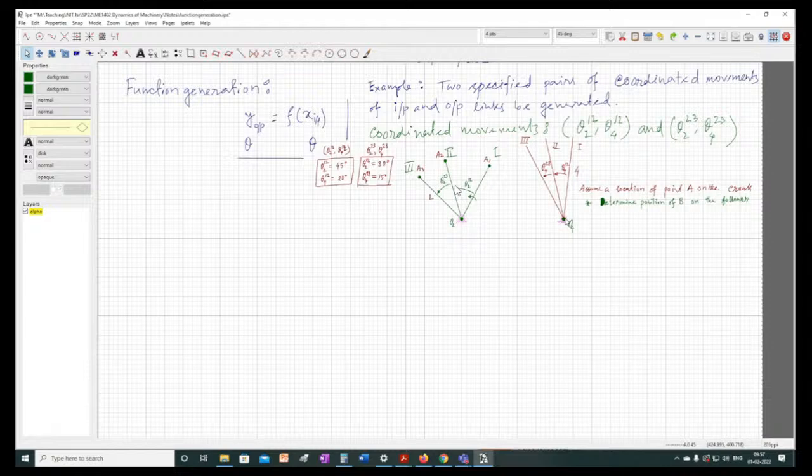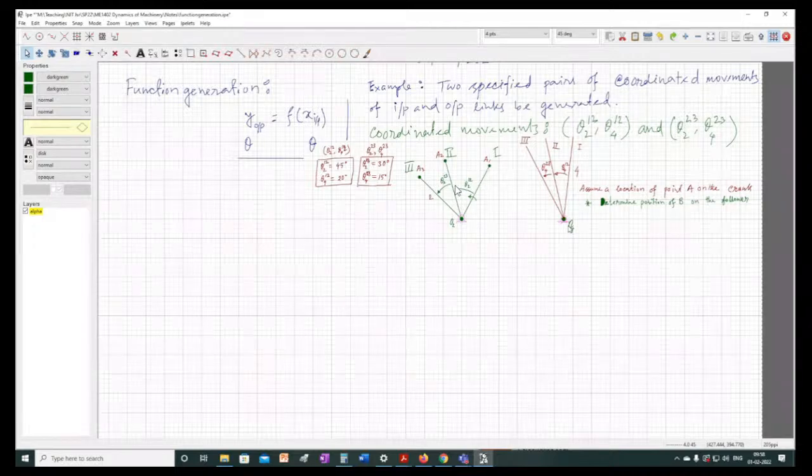Yes, sir, the length AB. So if we make this follower fixed, and with respect to this follower we draw the inverted motion of points A1, A2, A3, we will have new positions of A1, A2, and A3 with respect to position 1.